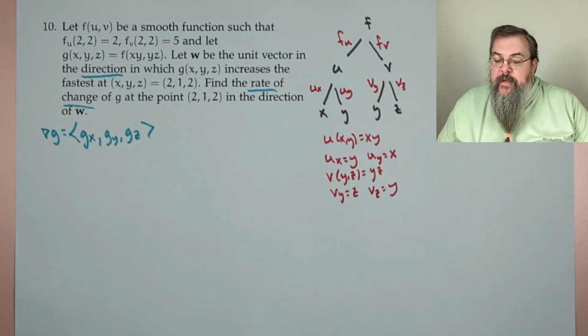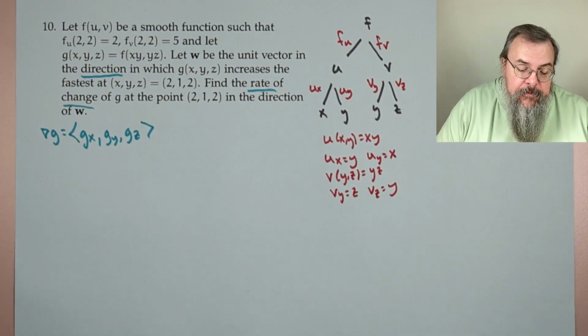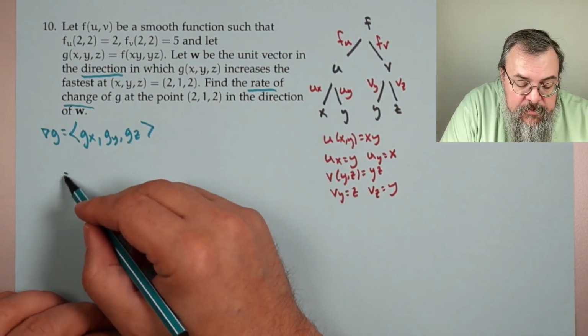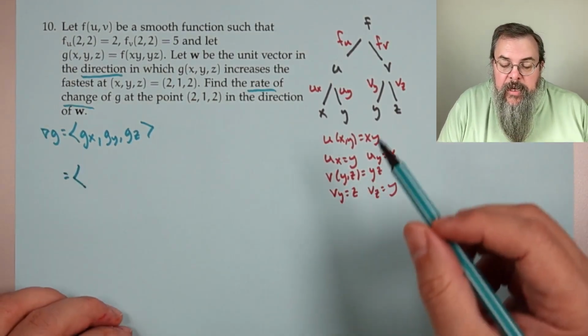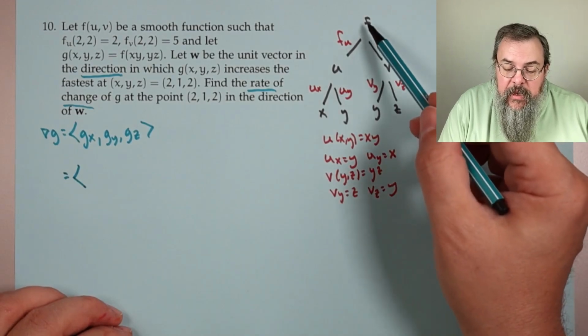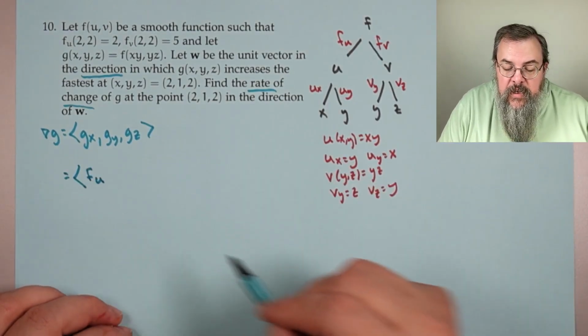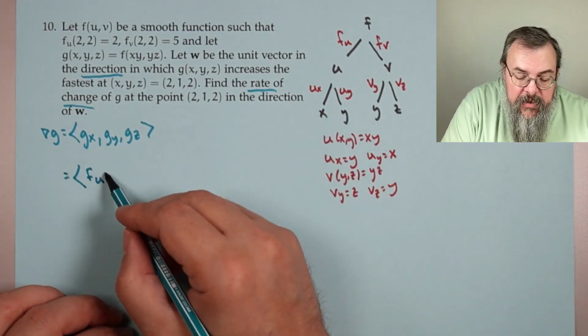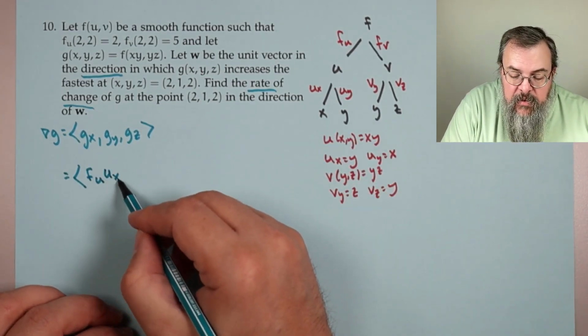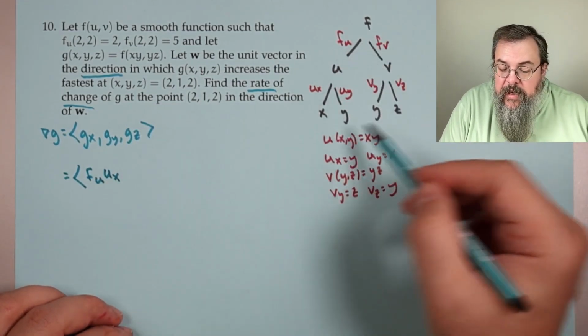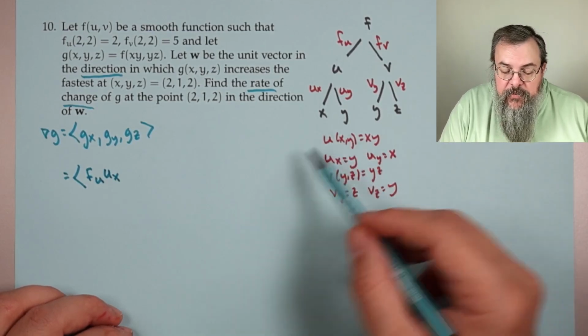So let's see what we have here. Taking g with respect to x, that'll be f sub u times u sub x, and that's the only place where an x shows up.